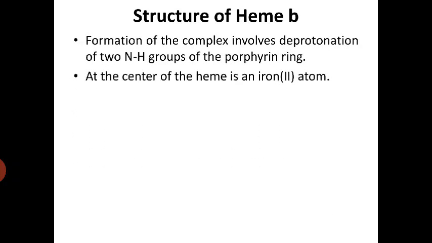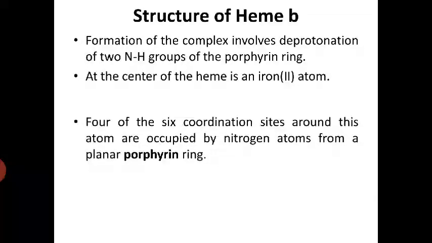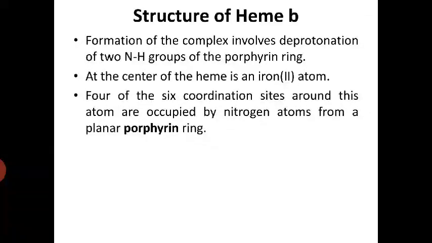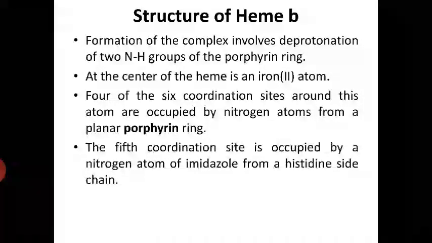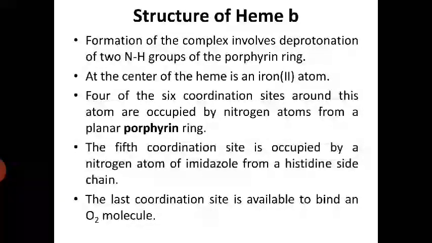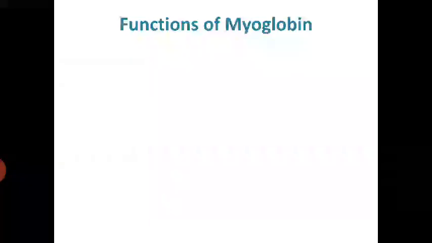At the center of the heme there is an iron atom. 4 of the 6 coordination sites around this atom are occupied by nitrogen atoms from a planar porphyrin ring, so the porphyrin has a planar structure. The fifth coordination site is occupied by a nitrogen atom of imidazole from a histidine side chain. The last coordination site is available to bind an oxygen molecule.